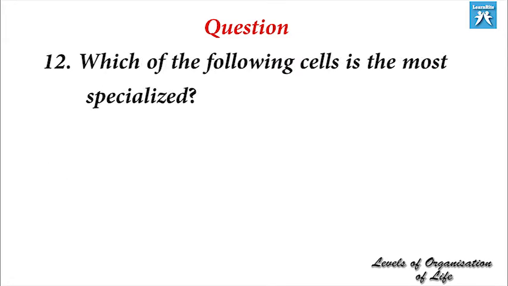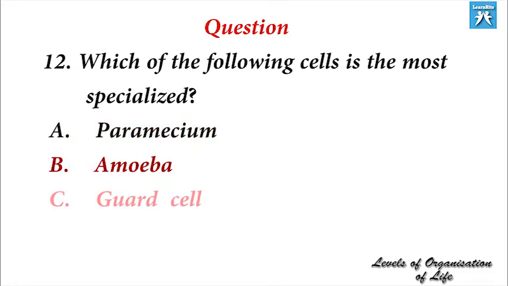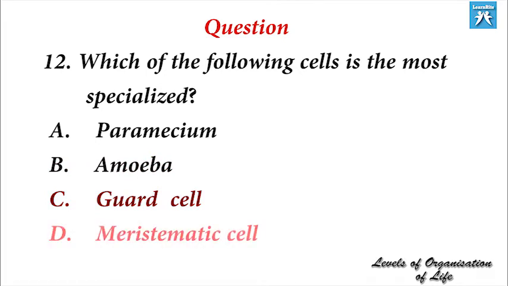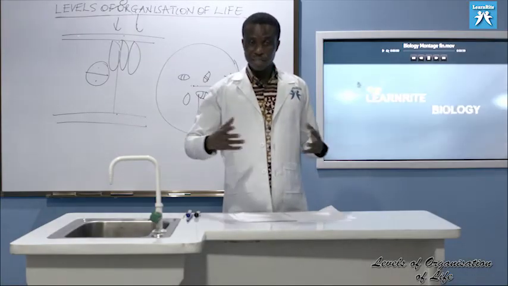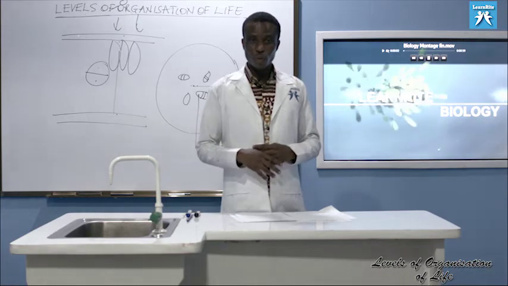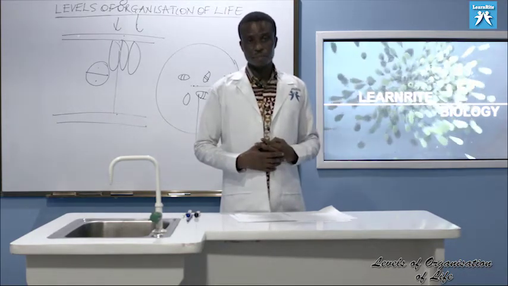Which of the following cells is the most specialized? A. Paramecium. B. Amoeba. C. Guard cell. D. Meristematic cell. Paramecium and amoeba are jacks of all trades. No specialization. They can do everything to survive as a living thing.